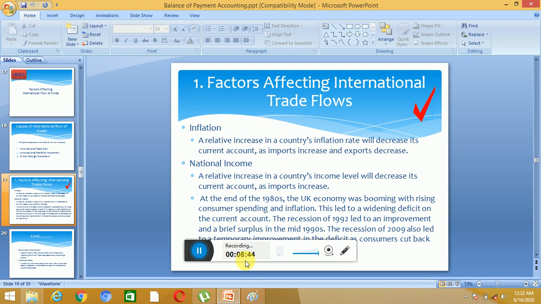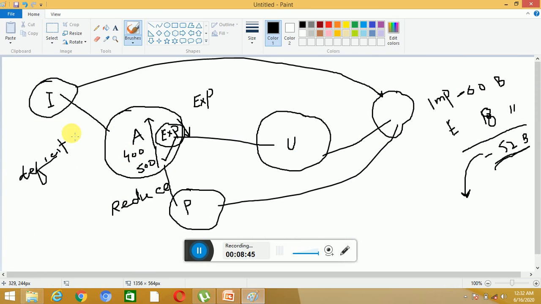Keep in mind another thing. Imports will increase. Why? Because the value of our currency goes down. So if previously you were paying 60 billion, now you will pay 62 billion or 63 billion.